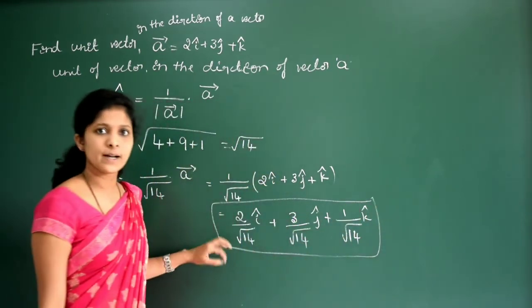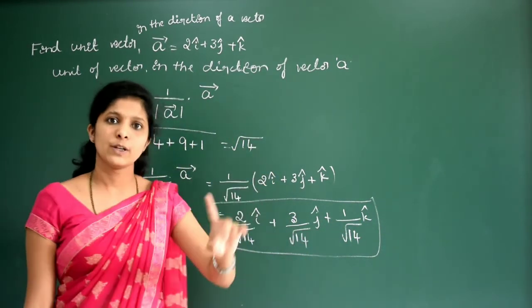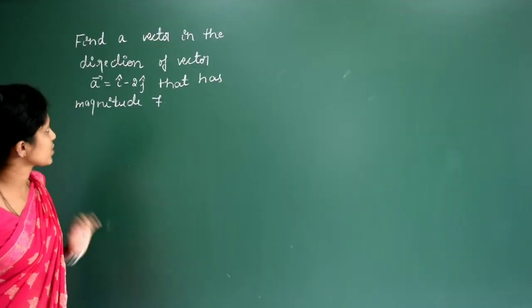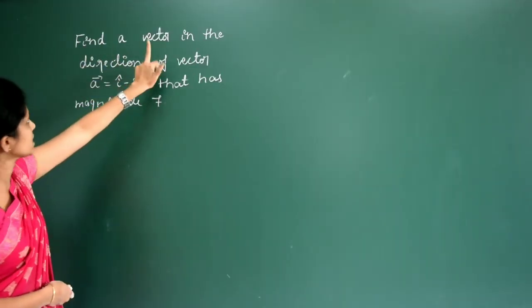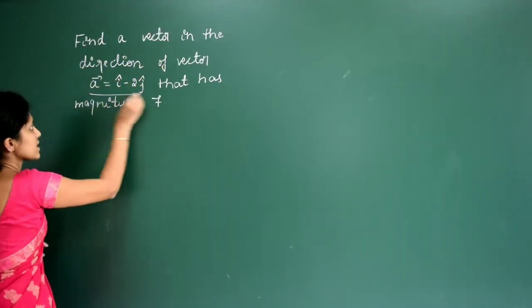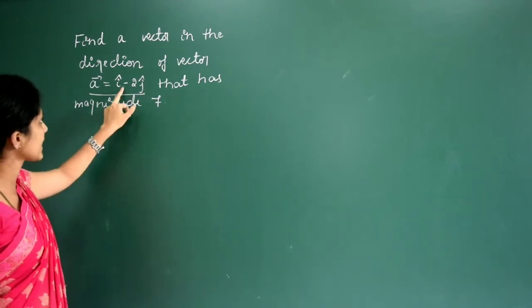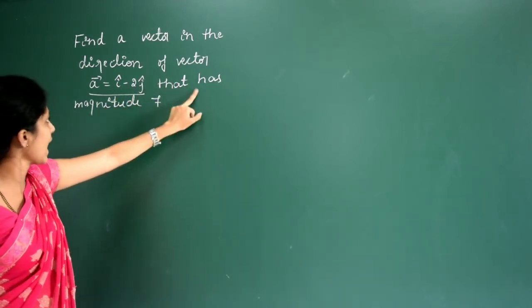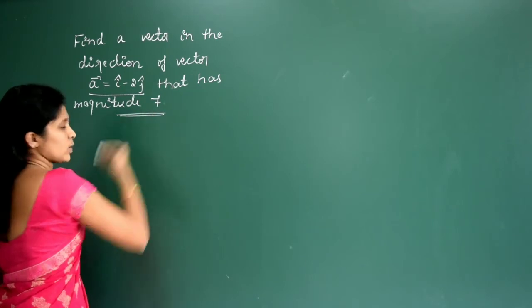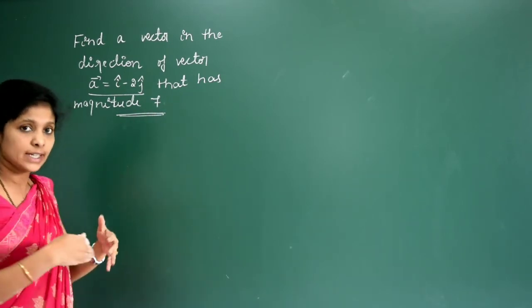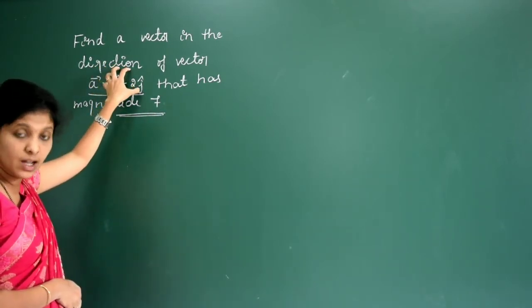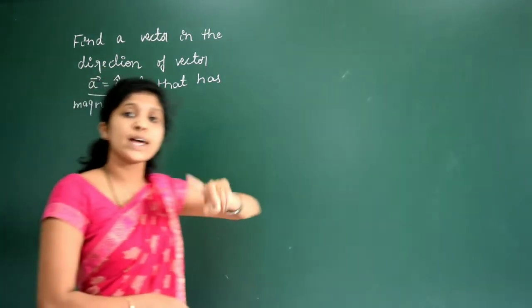Now if you find the magnitude of this vector, it will be equal to 1. Read the question carefully. Find a vector in the direction of the vector A, equal to i cap minus 2 j cap, that has magnitude 7. You have to find the vector in the direction of this vector that should have a magnitude of 7.